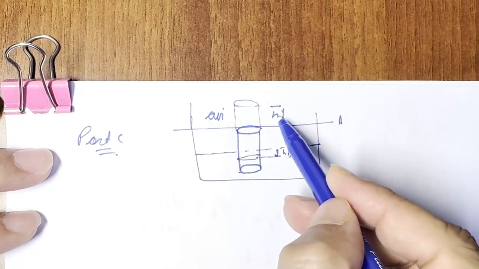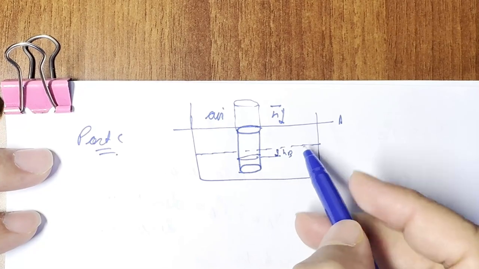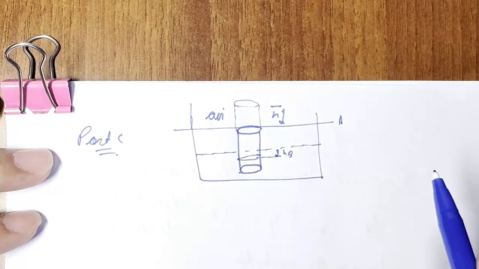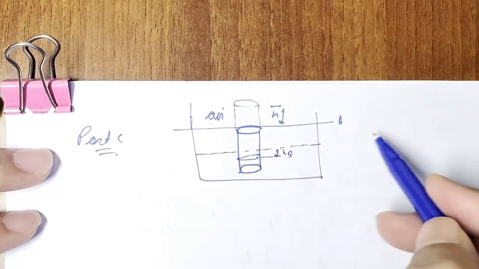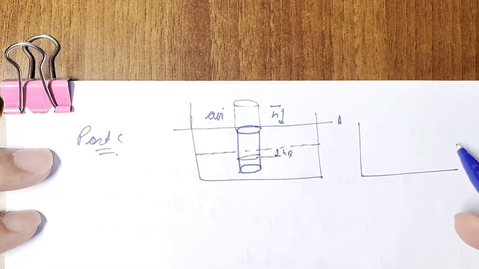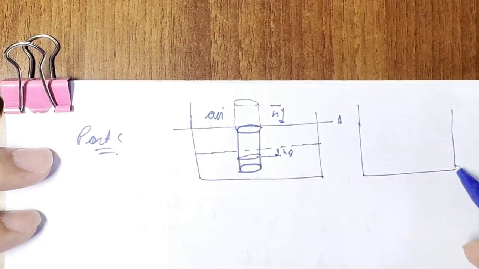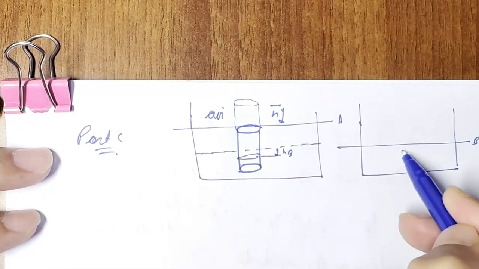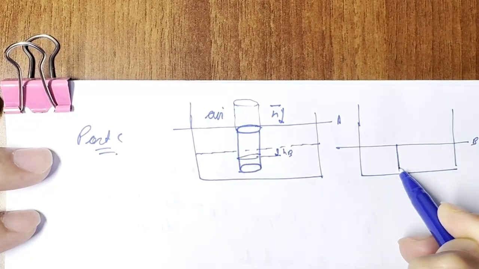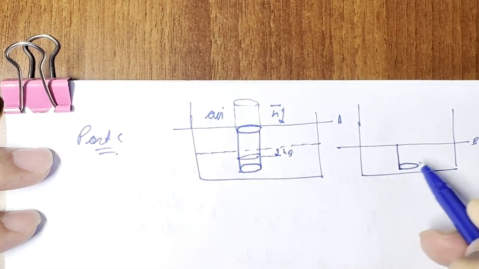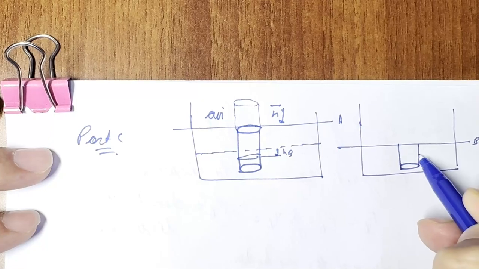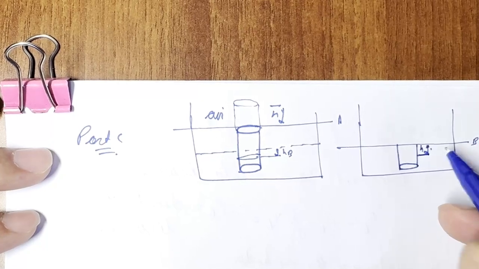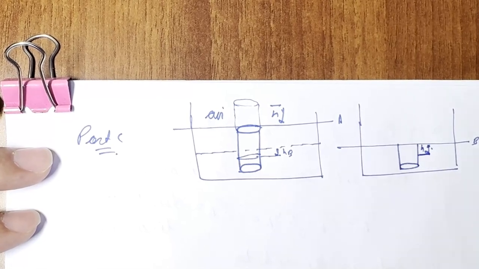Now as it is depressed below, an extra H part will be added into the liquid B. So we can redraw this figure. If this is our liquid B, the cylinder will be something like this, and an extra height of H will be with respect to liquid B.